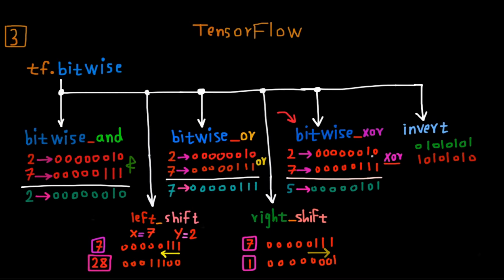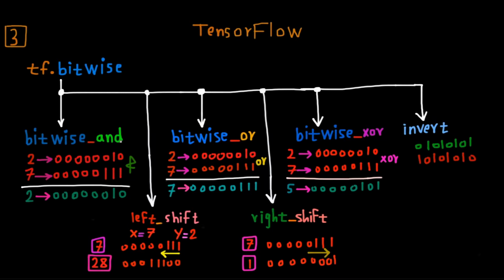So 0 XOR 1, the result equals 1. 1 XOR 1, the result equals 0. 0 XOR 1, the result equals 1. 0 XOR 0, the result equals 0. 0 XOR 0, the result equals 0, etc. Now here is the output of the bitwise XOR function in binary representation, which is equal to 5 in the decimal system.